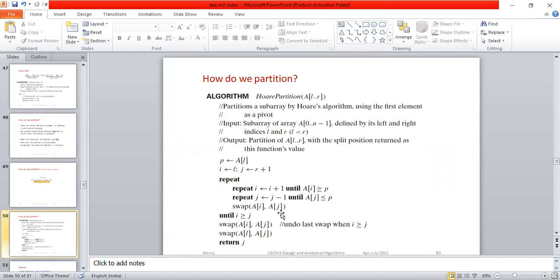But in order to swap both elements, you go with the case where A of I, the left subarray element, is greater than the pivot element, so swap. If A of J, the right subarray element, is less than pivot, what is the case for the right subarray? It should be greater than pivot.